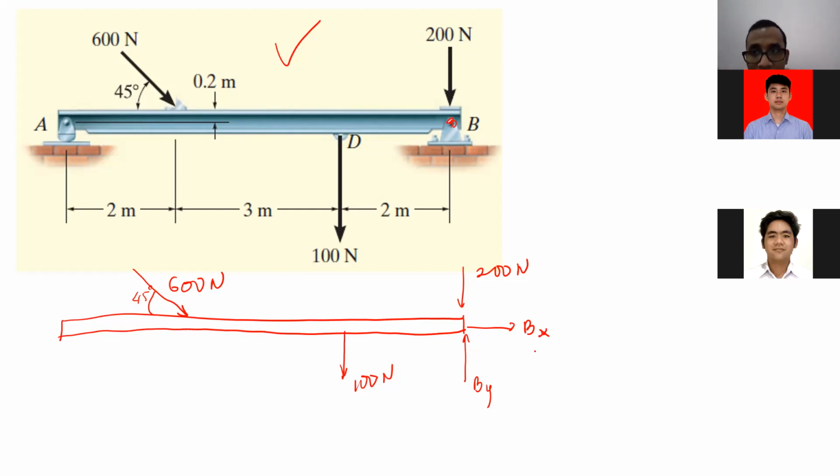Later, if the direction is wrong, you will get a minus result, and it should be okay as well. You just need to let the teachers know in your answer that the value is negative because the direction is supposed to be the opposite of what I drew in the free body diagram. Do you get it? Yes, sir. Okay, good.